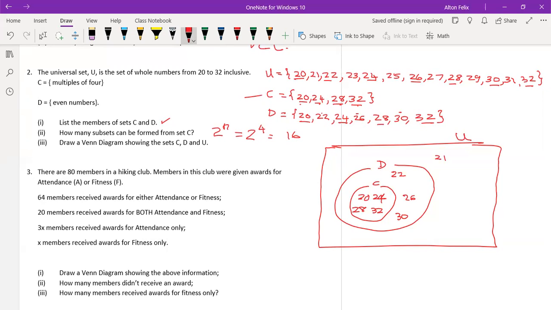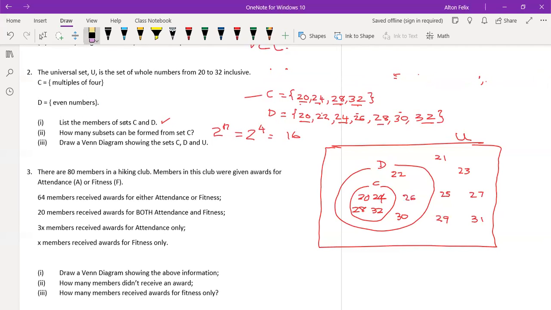So you got 21, 23, 25, 27, 29, and 31. Okay, so that will take care of question number 2. Right, let's erase this and make some room for question number 3.